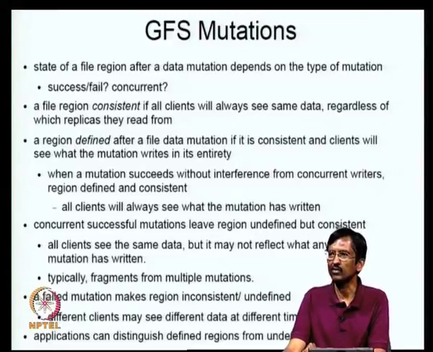That is, all the clients see the same stuff, but they do not see the write in its complete entirety. It will be interspersed. All clients see the same data, but it may not reflect what any one mutation has written. Typically it has fragments from multiple mutations.